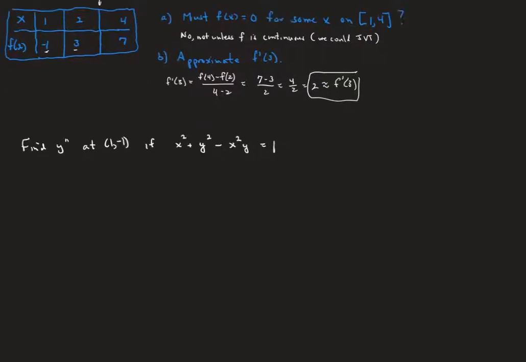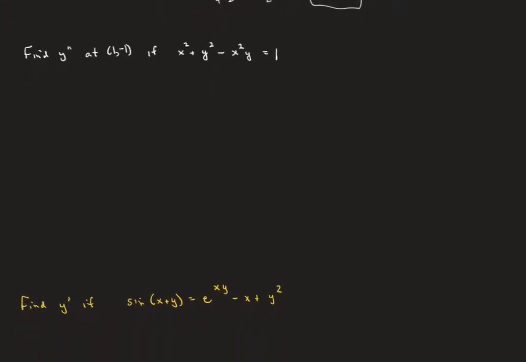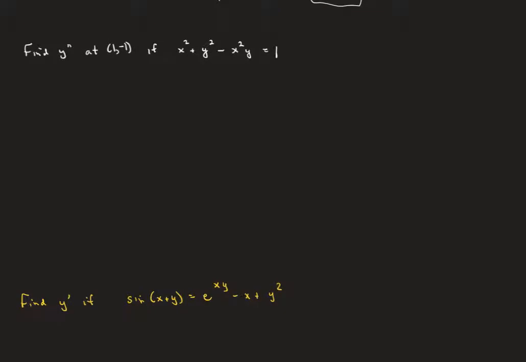Okay, now let's see what we can do with some implicit differentiation. Okay, so we're trying to find y double prime. So first we're going to find y prime. So differentiating, we're going to get 2x plus, here's our chain rule derivative, 2 times y to the first times the derivative of y, which is y prime.